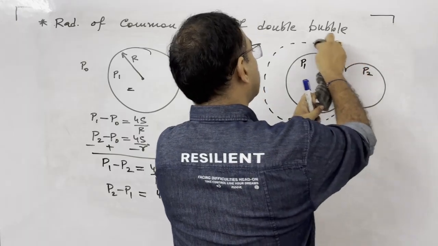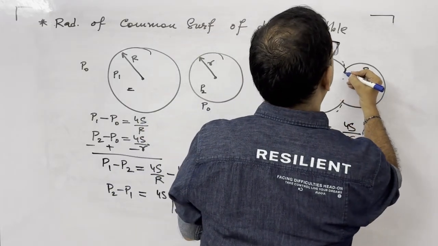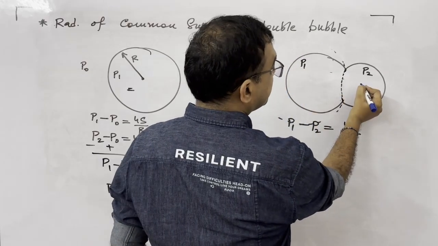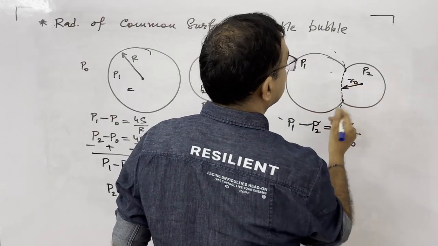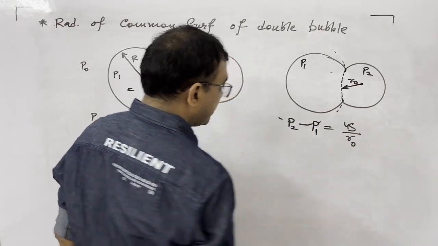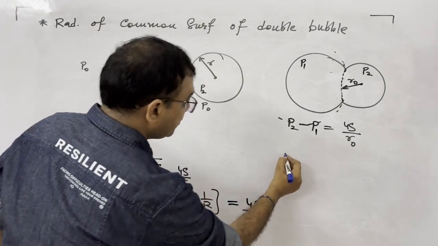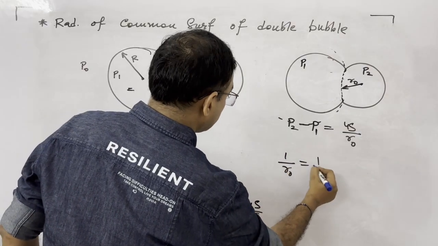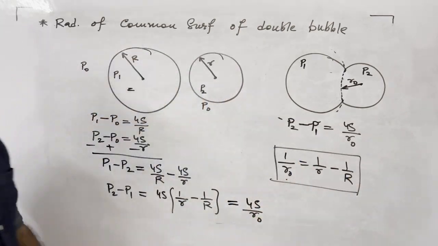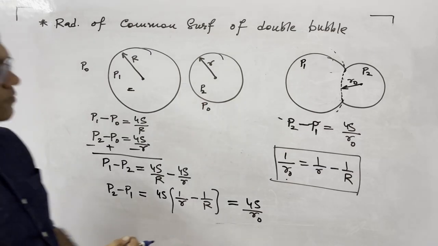The convex surface is not on this side, rather the center of the radius of curvature will be on this side. This is R0. Then we have to write P2 minus P1 equal to 4s by R0. Comparing these two, we will have 1 upon R0 equal to 1 upon r minus 1 upon R. This is the radius of curvature of the common surface when the two soap bubbles have been joined, right?